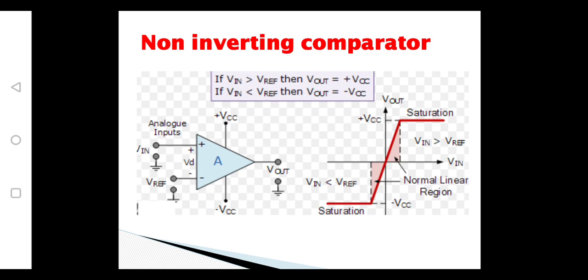When the input is less than V reference, the output will be minus V saturation. So if the input is greater, we get a positive value; if the input is lesser, we get a negative value. But in the case of an inverting comparator, it is just the reverse process.